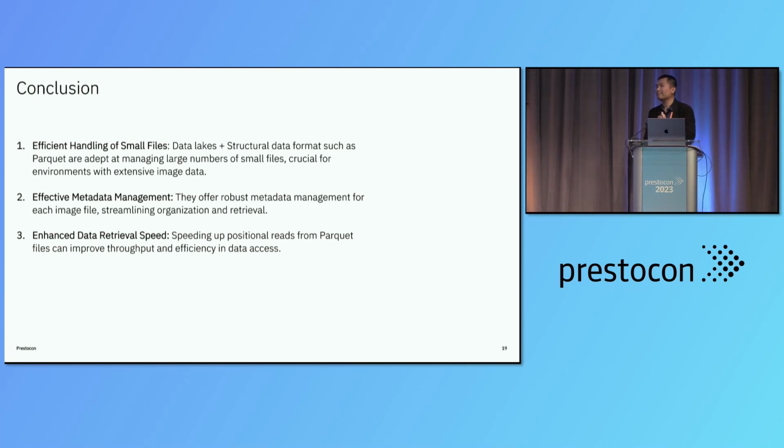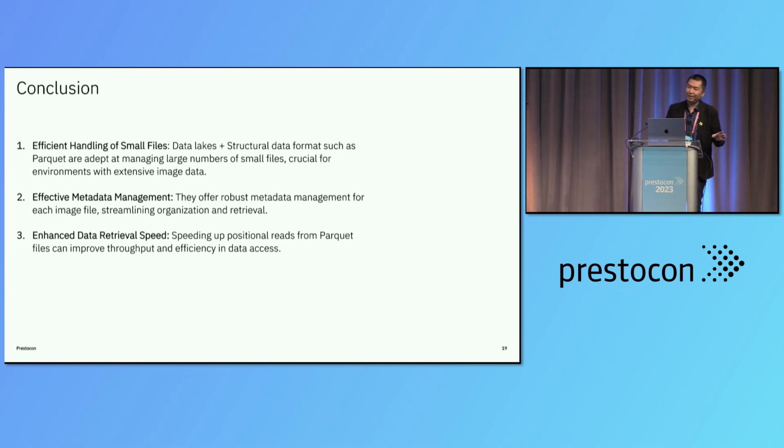Compared with putting the small files separately in S3 or HDFS, if we embed the small images into structured data like Parquet, and we use Iceberg to organize the table, we can get a more efficient way of handling this kind of data, and we can put the metadata together.